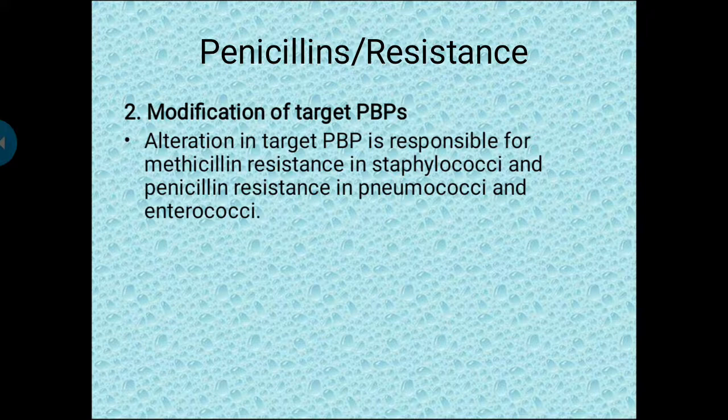So Staphylococcus can have altered penicillin binding protein as well as beta-lactamase enzyme. That's why even if anti-staphylococcal penicillin or penicillin is used, they cannot be killed satisfactorily because of this alteration of the target PBP.